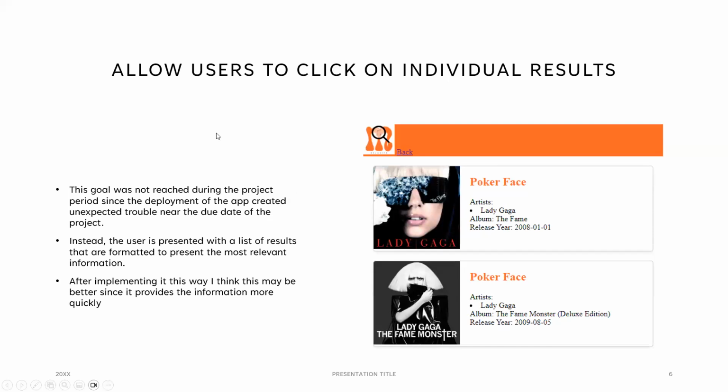The ability to allow users to click on individual results, this goal was not reached during the project, just because the deployment of the app actually threw a couple curveballs at me that I wasn't expecting.